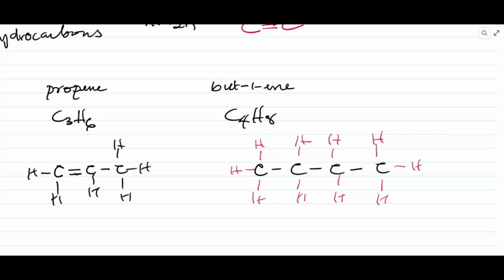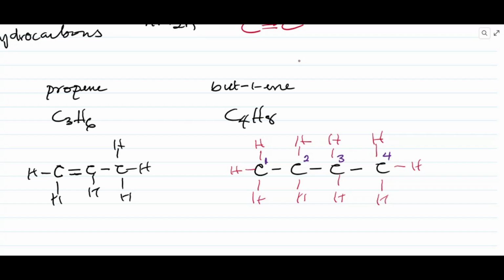Now, where do we put the double bond? Let us count the carbon atoms: 1, 2, 3, 4. We give each carbon atom a number. So the carbon that is carrying number 1 will be the one that carries our double bond.